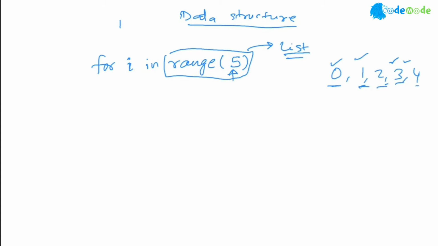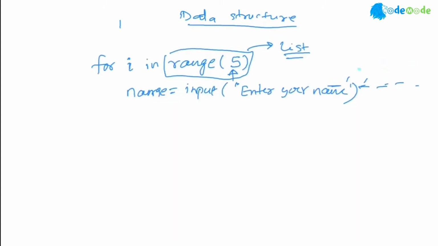We say name equal to input, enter your name. Suppose we write this code. What will really happen is every time this code runs, how many times will it run? 5 times: 0, 1, 2, 3, and 4, excluding 5.